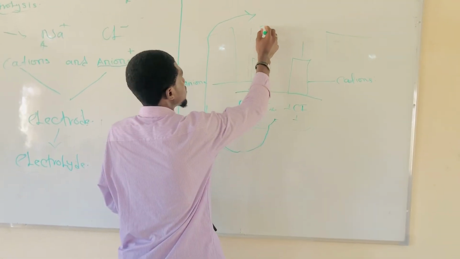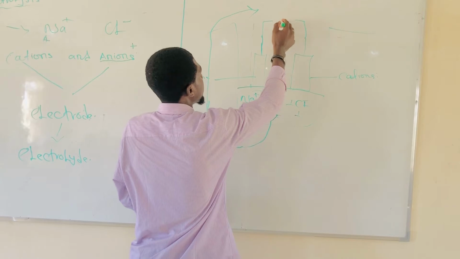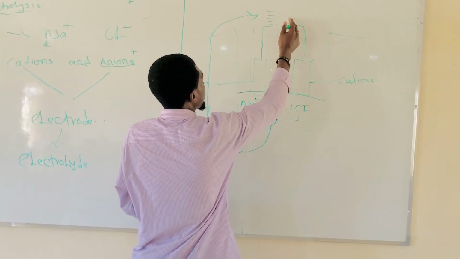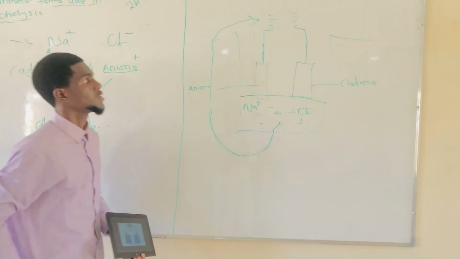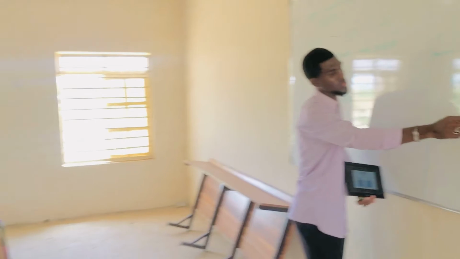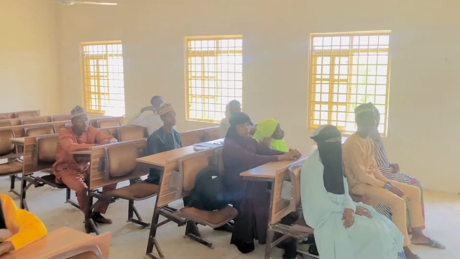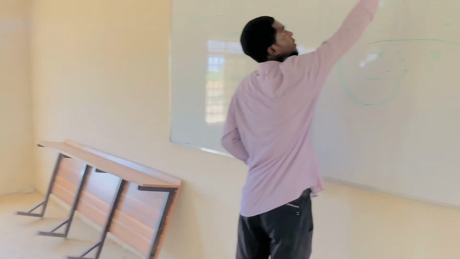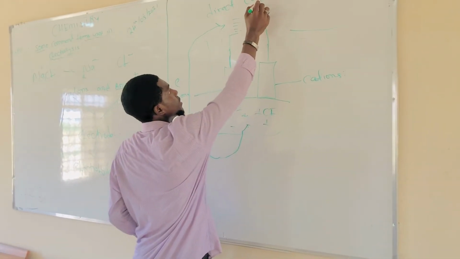So in this place, we have something like this. You understand? Let us indicate this place as an electron. This is how the electrons usually flow, and this one is the source of direct current.